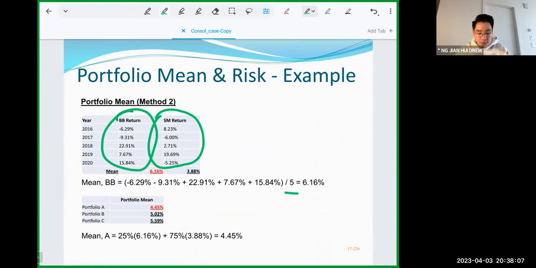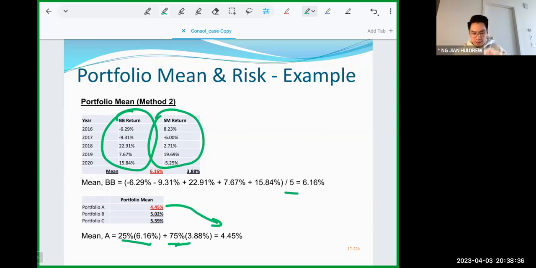After that, we simply multiply it by the portfolio composition. So we take 6.16 times the portfolio composition of 25%, and then 3.88 times 75. That's how we got this. So this is the finance method for mean.